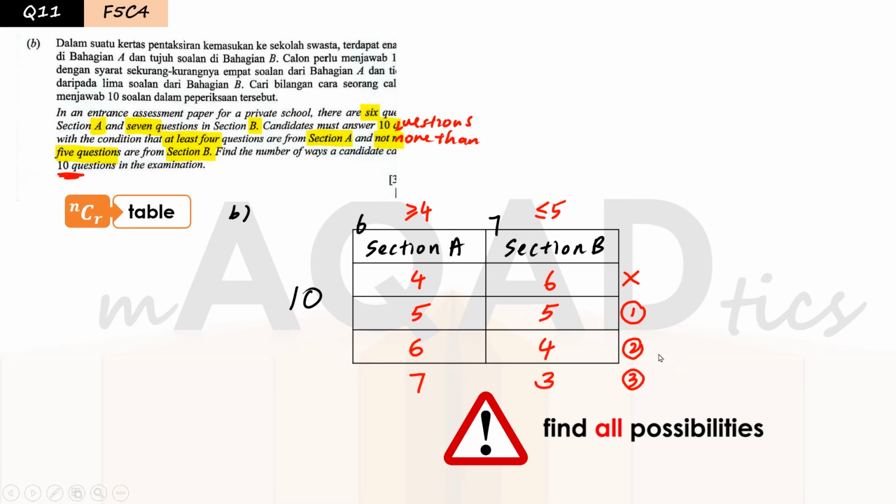We need to look at the total number of questions in section A. Here we only have 6 questions, so it is impossible that we can select 7 questions in section A. So this one we need to remove already. In total, we have 2 possibilities for our situation here.